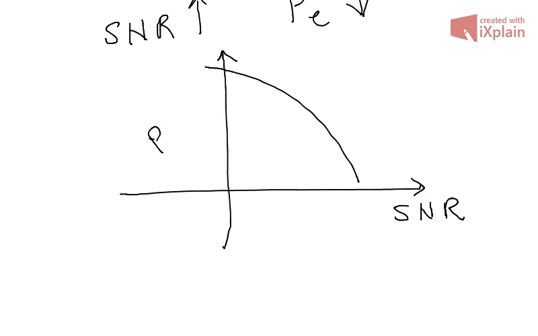So your probability of error on the vertical axis and SNR on the x-axis gives you a monotonically decreasing curve.